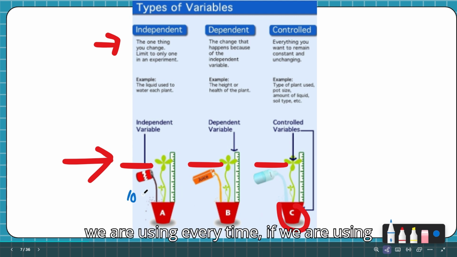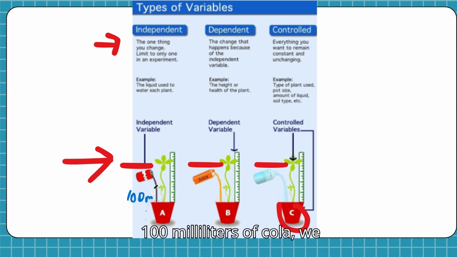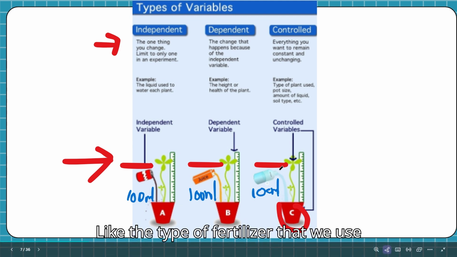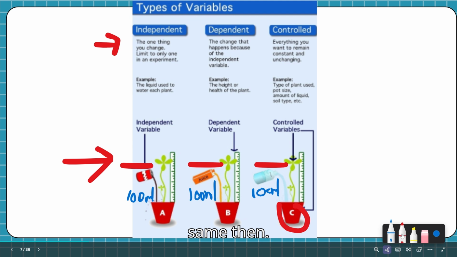If we are using 100 milliliters of cola, we need to use 100 milliliters of juice. We need to use 100 milliliters of water. Also, like the type of fertilizer that we use and the soil type is going to stay the same.